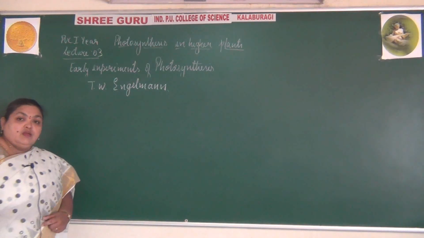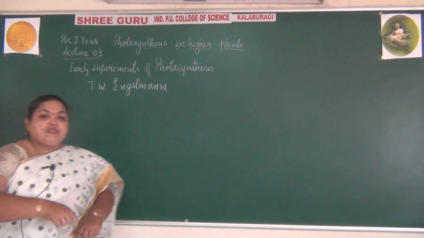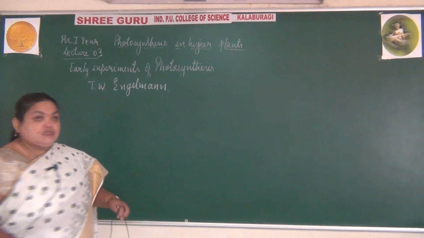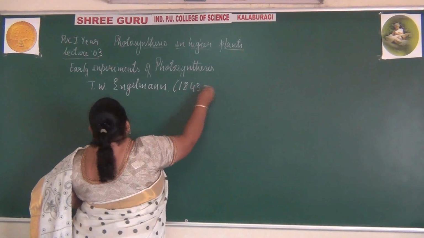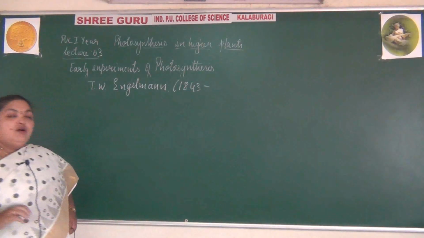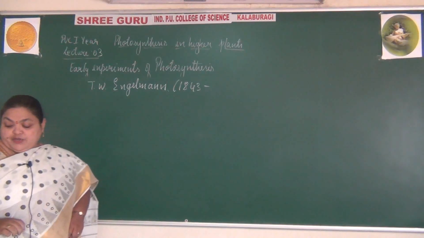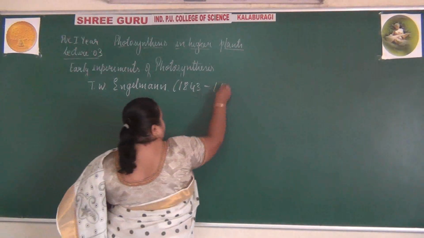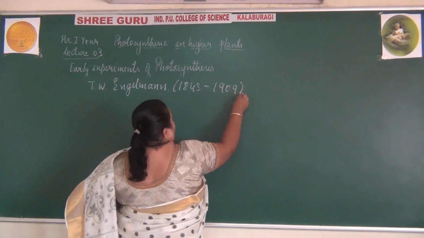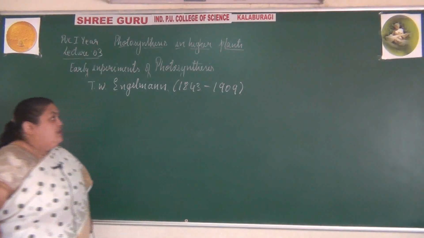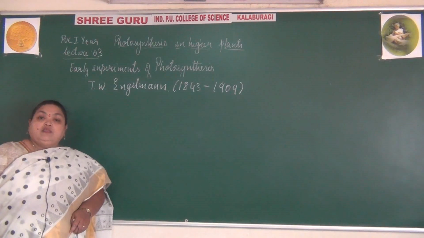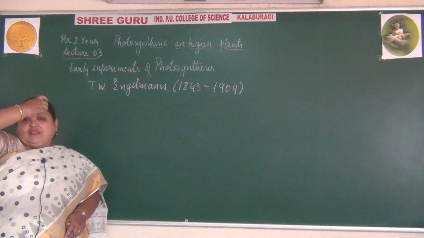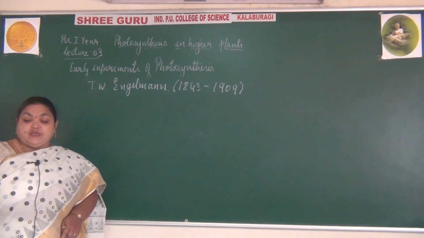He also conducted experiments on photosynthesis during the period of 1843 to 1909, where he experimented on the visible spectrum of light by using a simple prism.